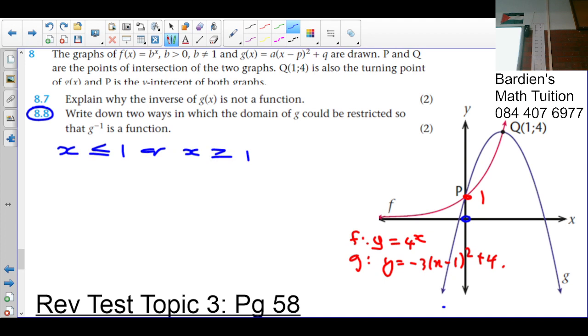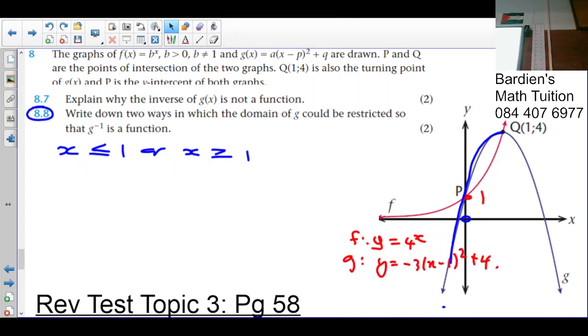So if I take this part into account only, and I reflect that in the line y is equal to x, it's going to become 4 and 1, the turning point.